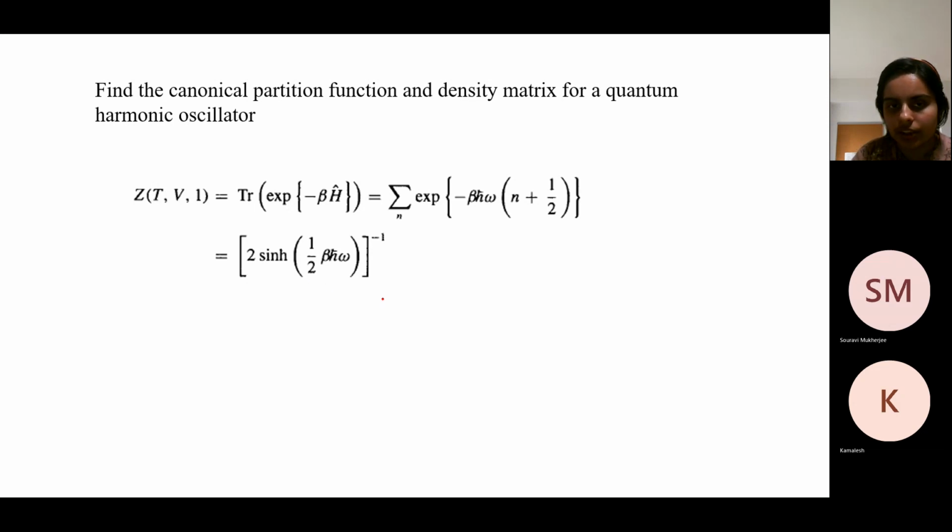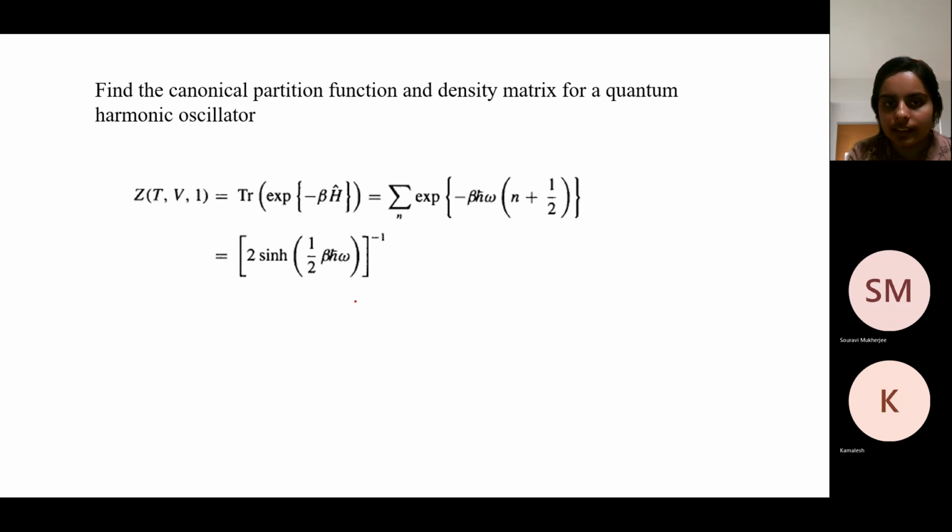So e to the power beta h cut omega by 2 minus e to the power minus beta h cut omega by 2, and then there'll be a 2 factor which will go up. Okay, it's correct. You just have to use the hyperbolic function relations. So divide the numerator by the denominator and then use the hyperbolic function expression. So you will get this value.